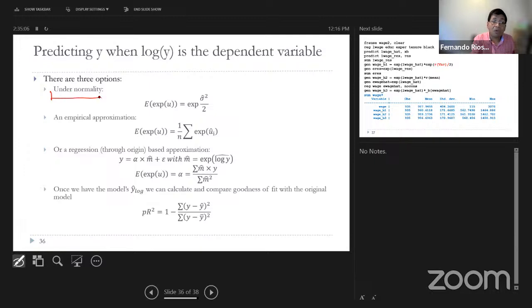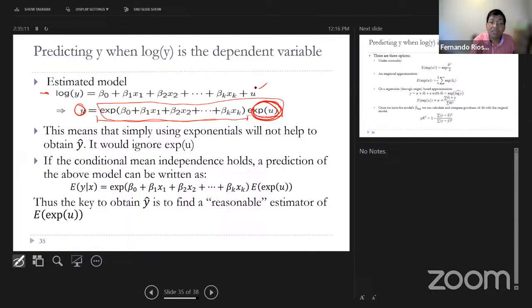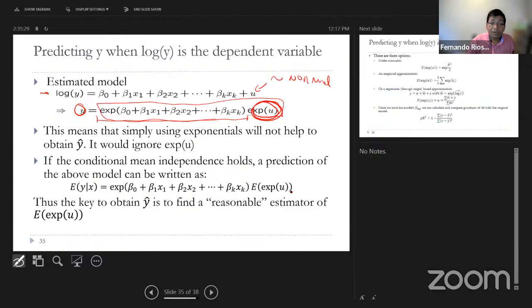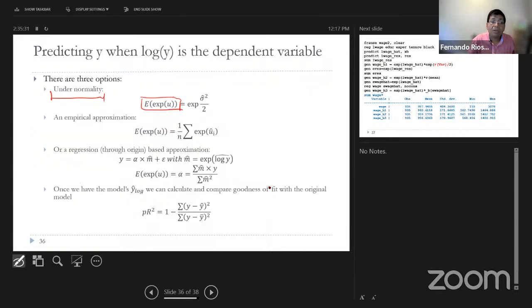If you want to believe that the model you estimated had normal errors, so that the error follows a normal distribution, then your best approach is to say that this expression that we do not have access to is equal to just the exponentiation of sigma squared divided by 2.